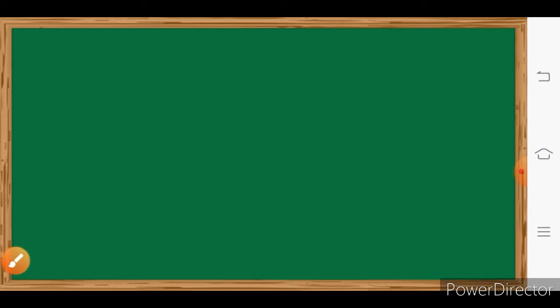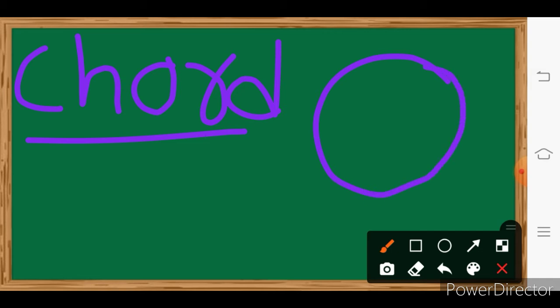Next is chord. What is a chord? If we take a circle, a line segment joining any two points on the circumference is called a chord.